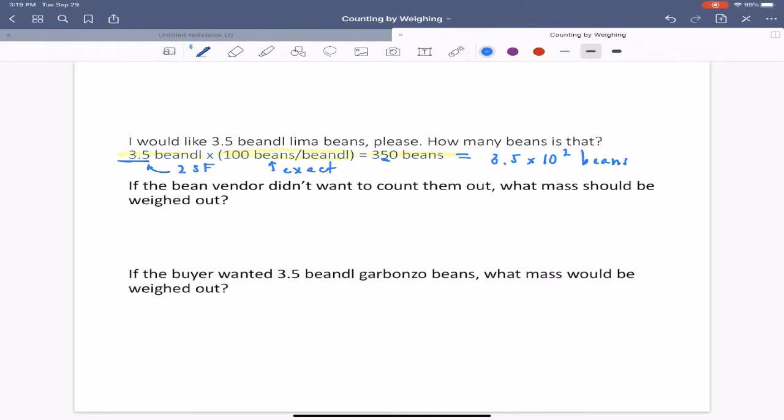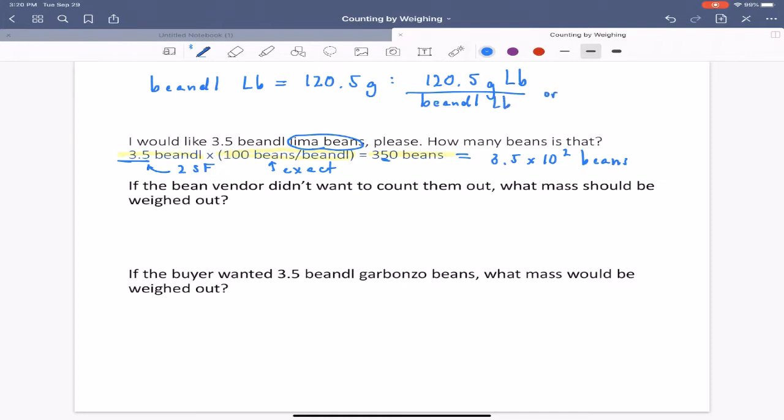If the bean vendor didn't want to count them out, though, what mass should be weighed out? Well, because the person is asking for lima beans, and we know that a beandle of lima beans is 120.5 grams, we can use that equality, which is not defined, it's measured, so it has limited sig figs, to come up with these ratios. 120.5 grams of lima beans per beandle, or a beandle of lima beans has a mass of 120.5 grams.